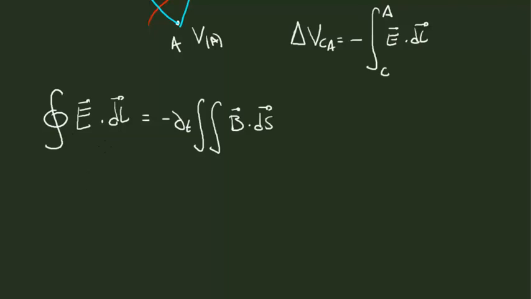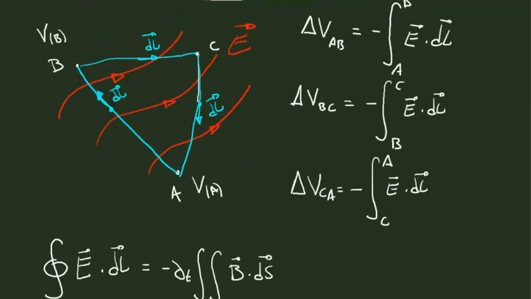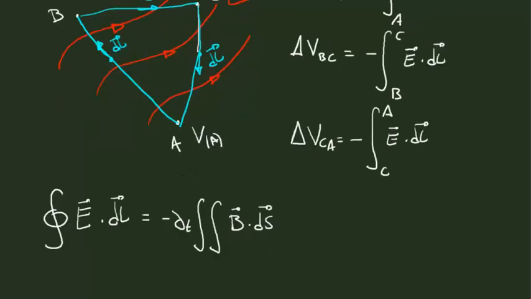Now, if we apply this integral to the simple schematic I just drew, we can break down the closed integral of the electric field into three integrals: one from A to B, plus one from B to C, plus another one from C to A again.